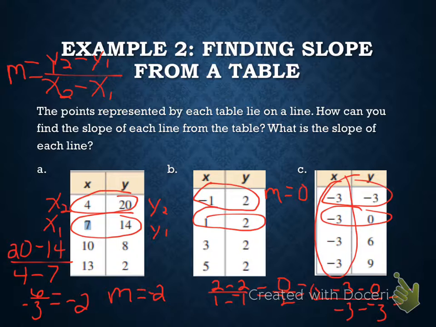So you're going to get negative 3 over 0. And remember, you can never have 0 in the denominator. So this doesn't work. That means it's undefined. That means there is no slope. That's because this is going to be a vertical line. B here is going to be a horizontal line, and C is going to end up being a vertical line.